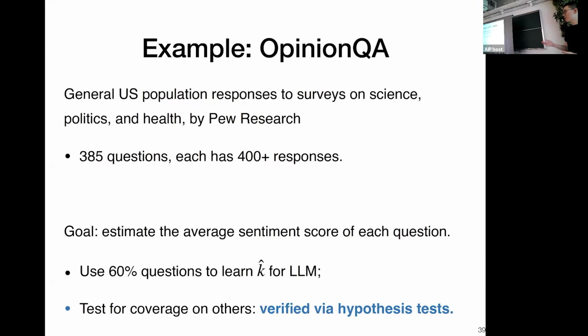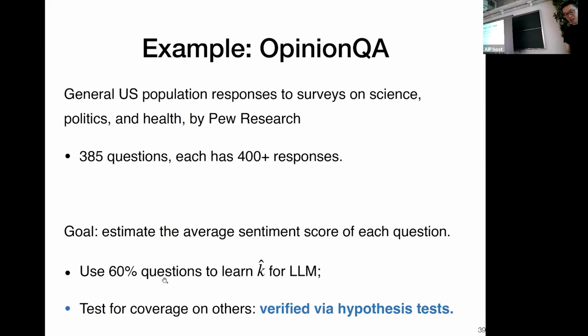Of course, you can apply it to general multidimensional parameters, but we just choose a simple illustration. The average sentiment score, because each question has answers of different degrees. Typically you will say you totally agree, or somewhat agree, or you're neutral, or totally disagree, etc. So there's some sentiment score toward each question. In our study, you can check more details in our paper.